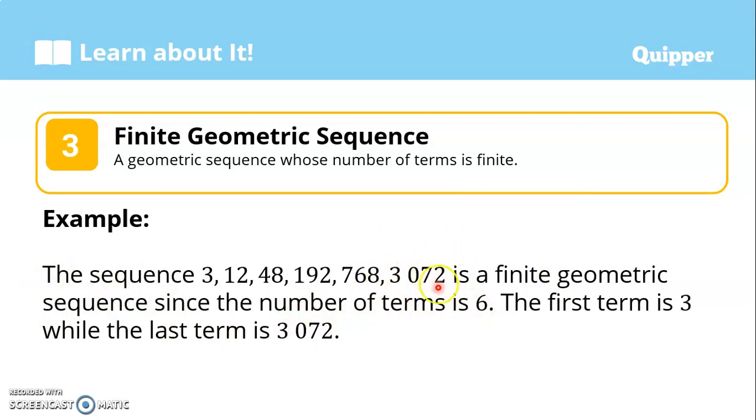Wala tayong ellipsis dots na nakikita after the last term here. Okay? So meaning, since walang ellipsis dots, meaning this sequence stops at 3072 and this is the last term. So kapag ang geometric sequence ay may last term, then that sequence is called a finite geometric sequence.